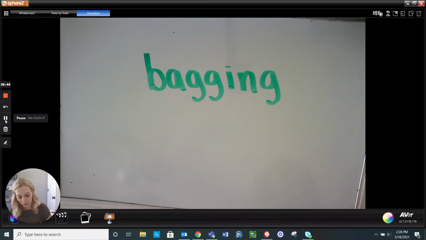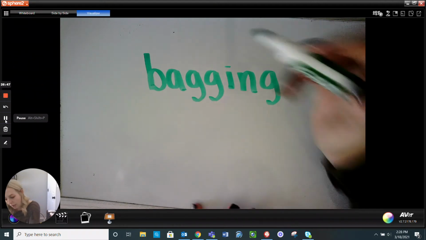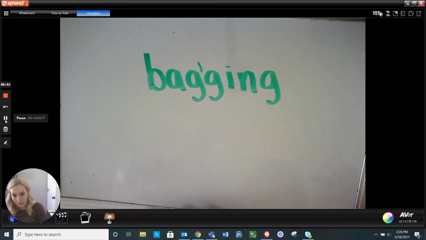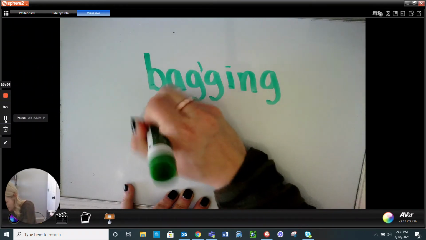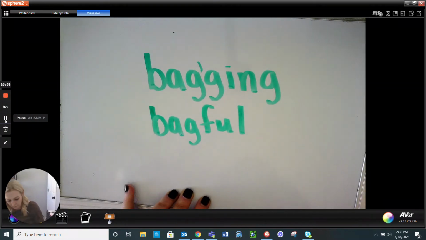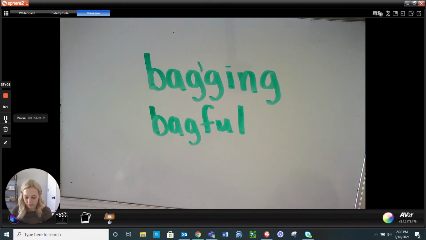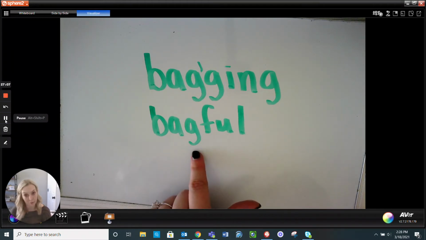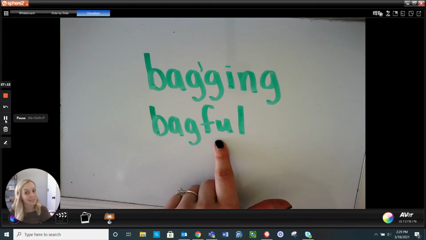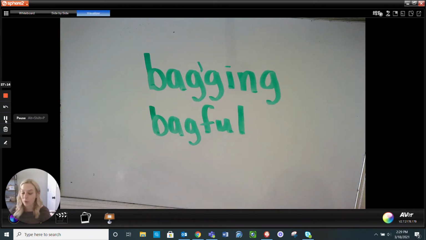Since the first syllable, bag, is stressed, I will write a stress mark after the first syllable, just like that. Now I'm going to write bagful. Does bag end in one vowel followed by one consonant? Yes. Did we add a vowel suffix? No. Therefore, we do not double the last consonant.